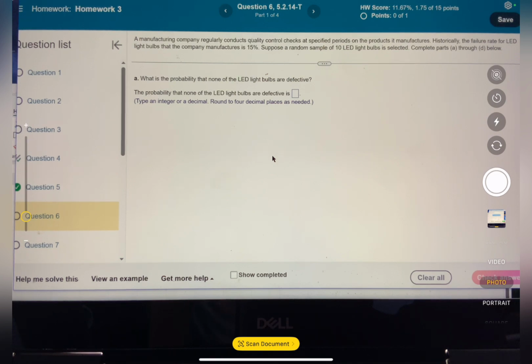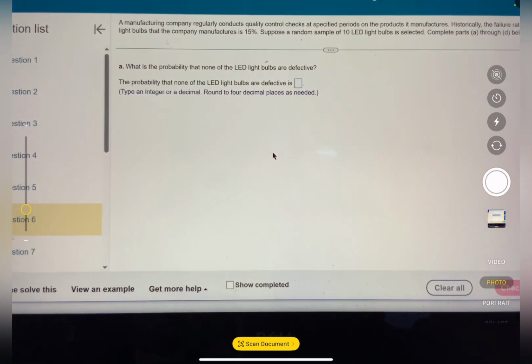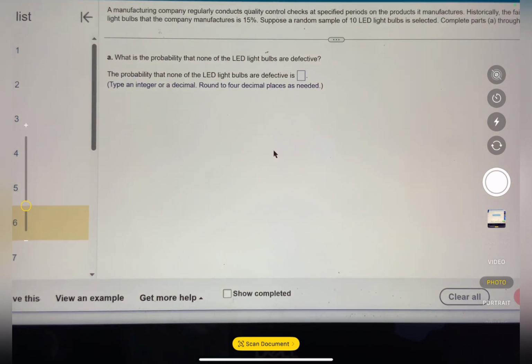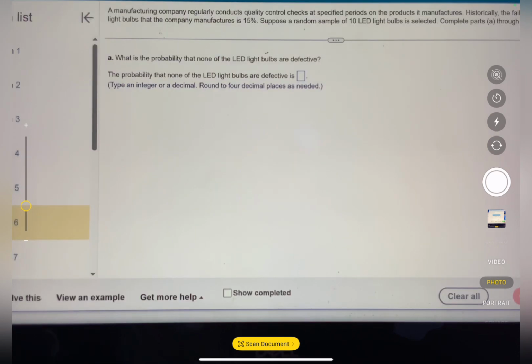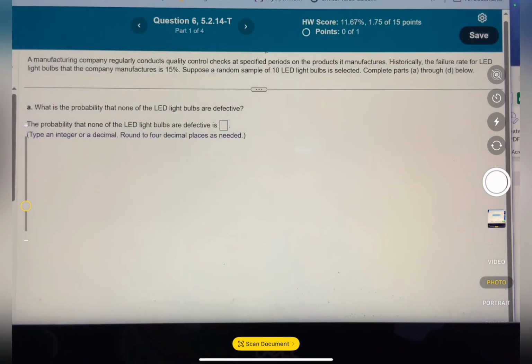What do we have here? So, manufacturing, let me move here so we can see. A manufacturing company regularly conducts quality control checks at specified periods on the products it manufactures.